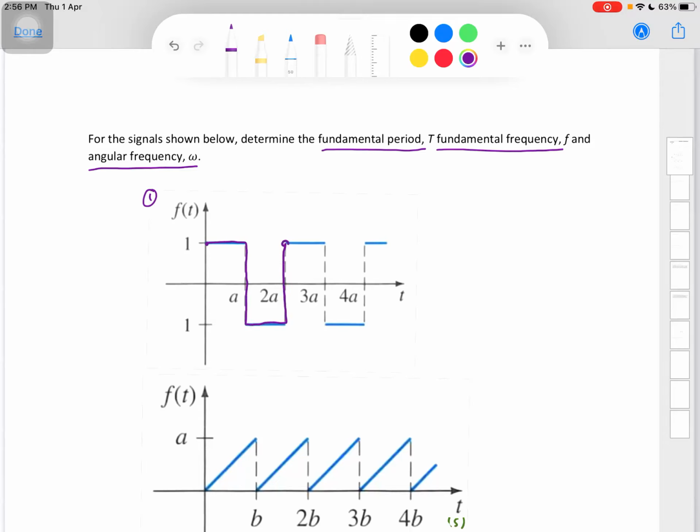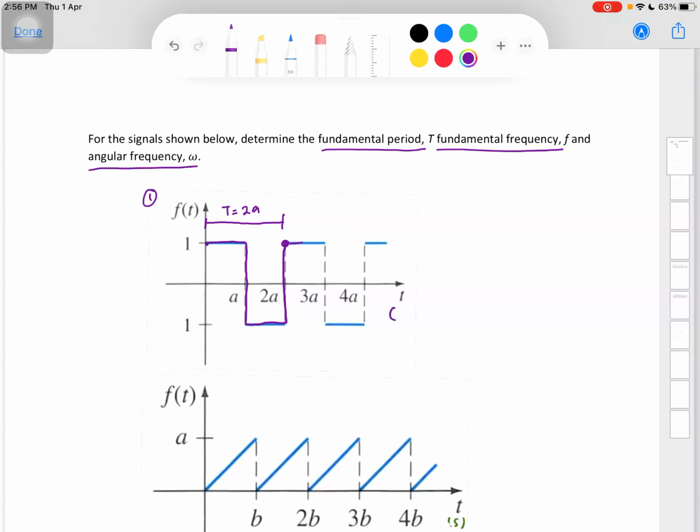At this point, if I go again, I'm going to repeat the same cycle or the same pattern. So from t equals 0 until t equals 2a, I have one period, which equals 2a.